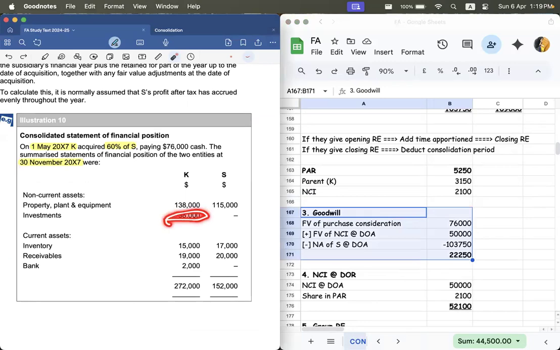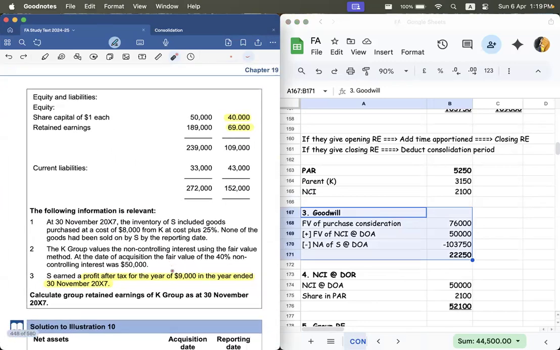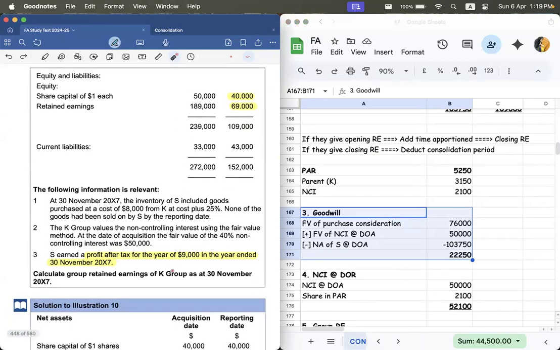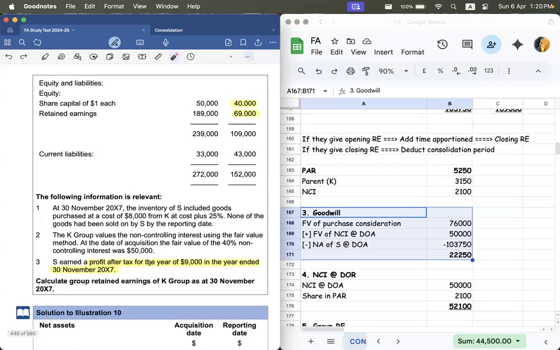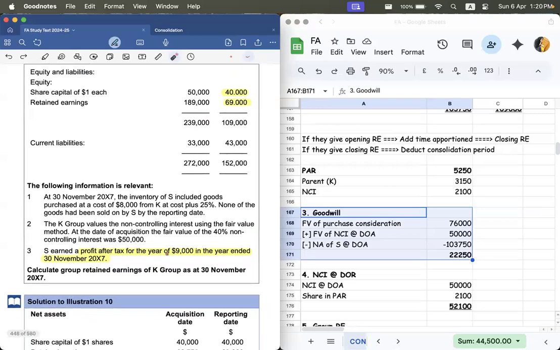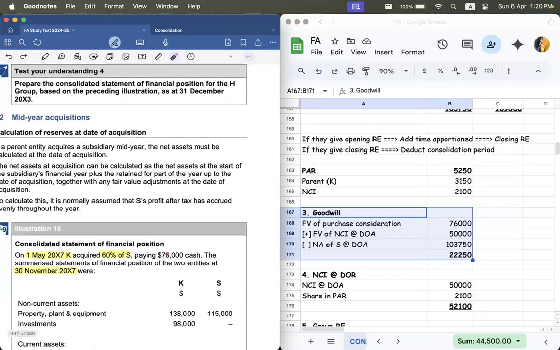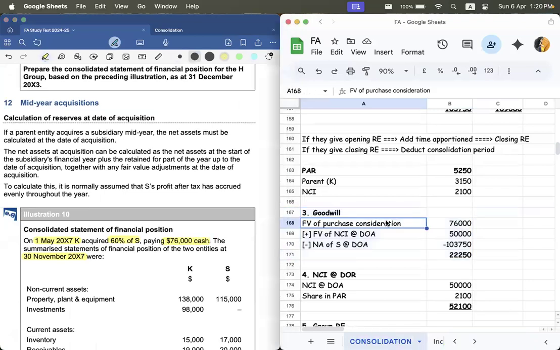Okay, they have clearly told you they have paid 76,000 for the shares. So the fair value of purchase consideration is 76,000.